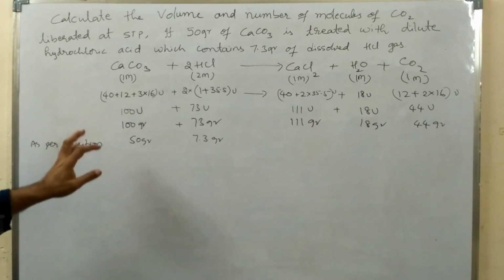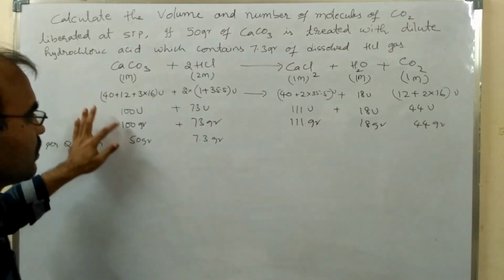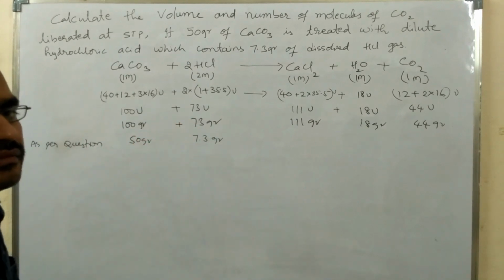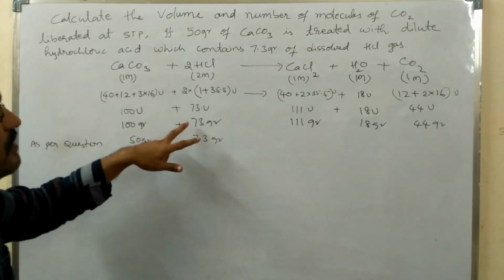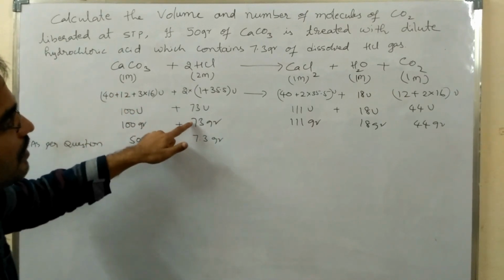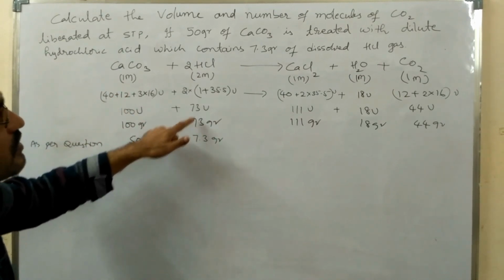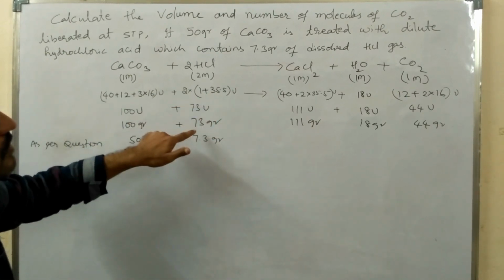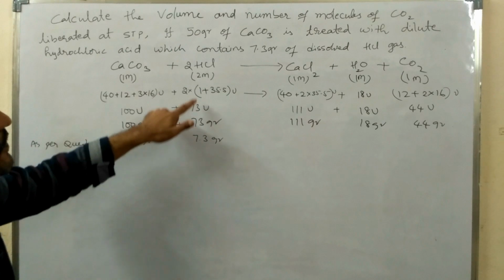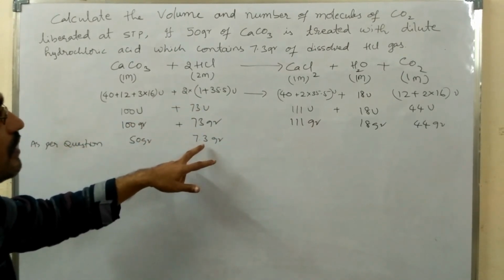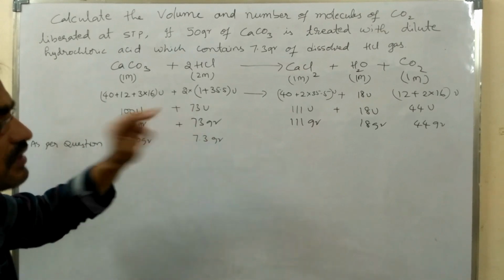So as we discussed until now, if you observe, this is half. So if you take 50 grams of calcium carbonate, HCl should be half of 73, that is 36.5. So 36.5 grams of HCl is required for 50 grams, but here only 7.3 grams of HCl is taken.